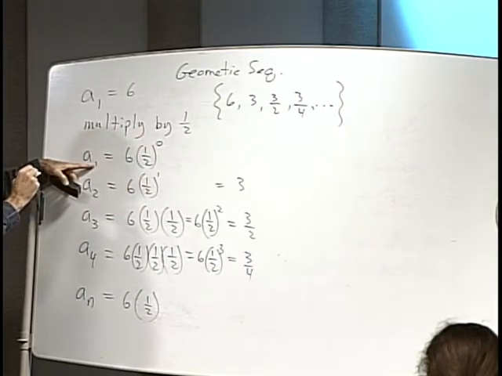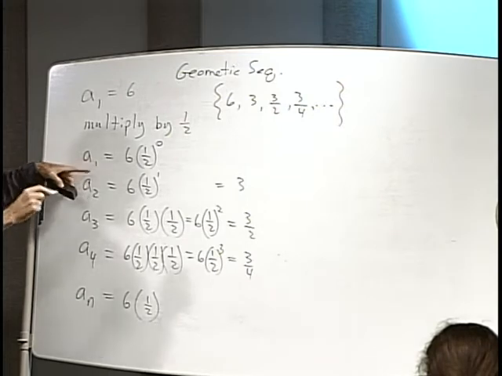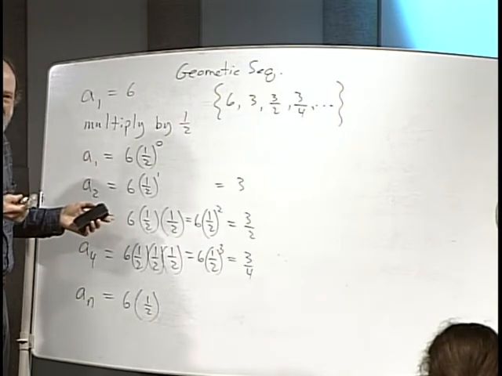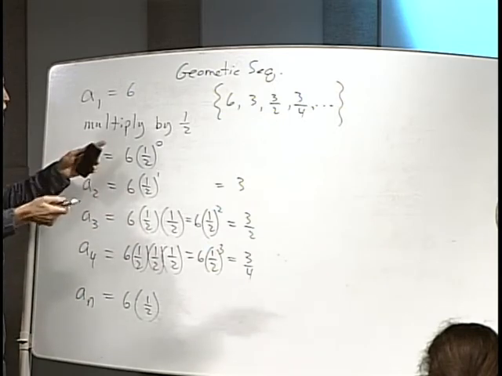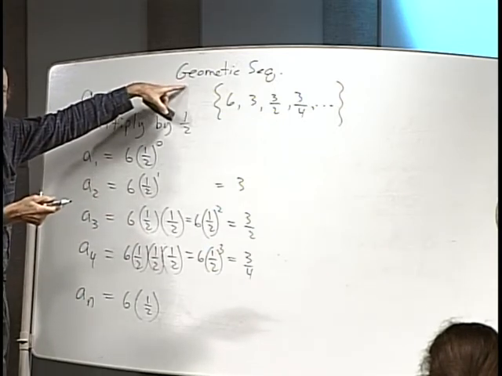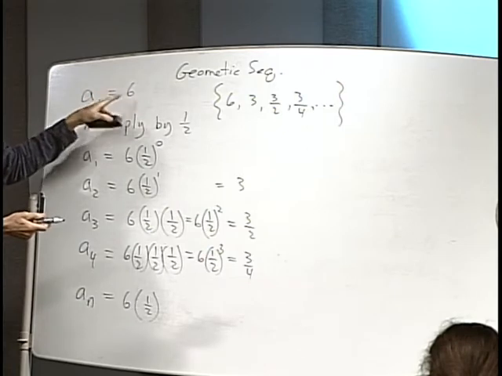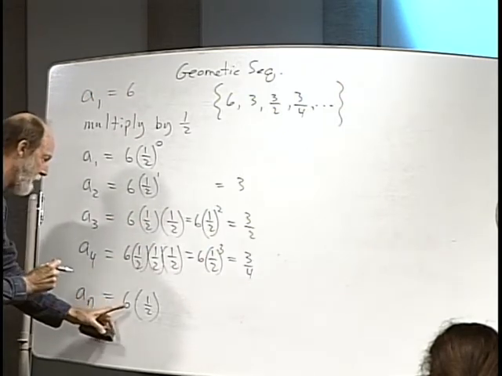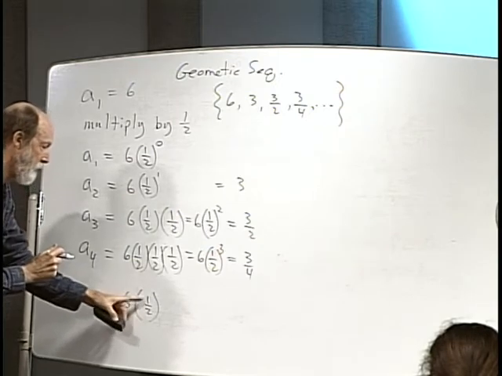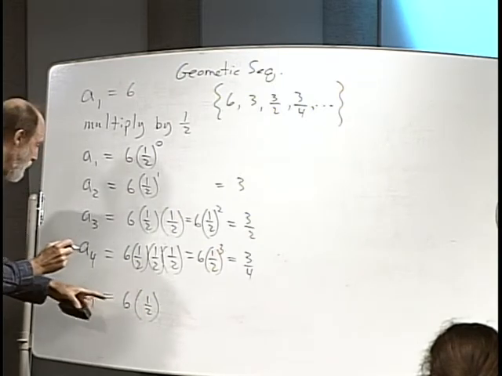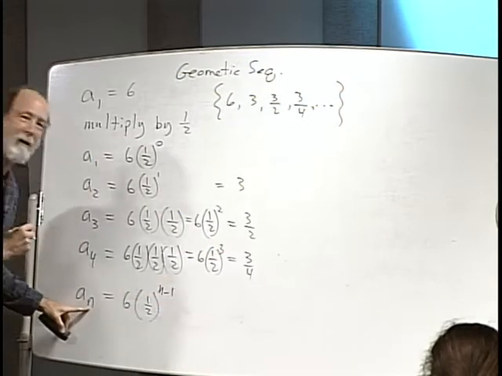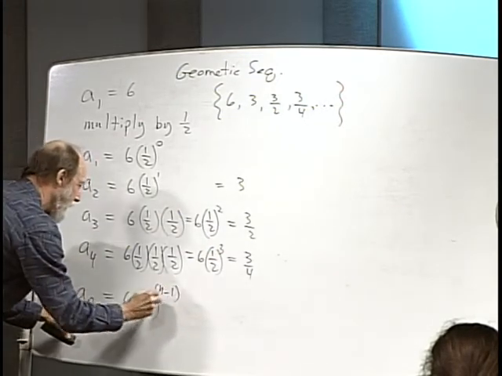See it? Okay. So if you ever forget the formulas, but you understand what geometric means, then you can build yourself a simple example like we did to discover that the nth term is made up of the first term times the multiplier raised to the one less than the term you're on, right? One less than the term you're on.